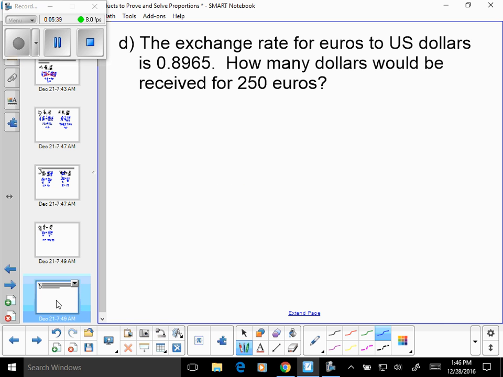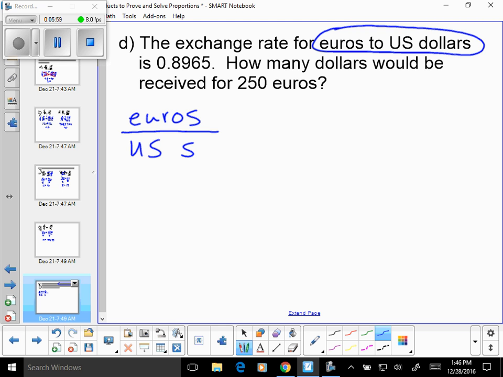Story problem. Again, we're going to go back to using that ratio language. And right here, you've got ratio language to help you set up what our ratios and our proportion are going to be. This says we need to go euros over US dollars. Now, I keep that in mind when I'm going to set it up.